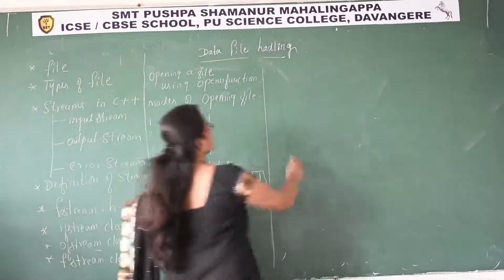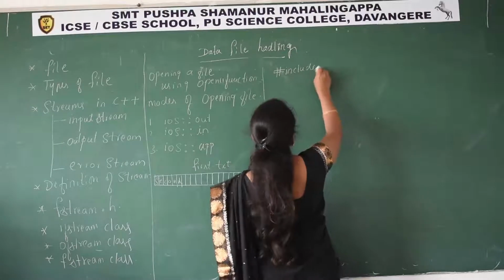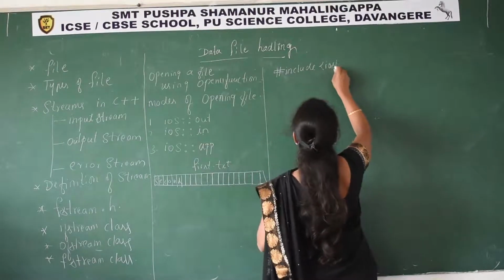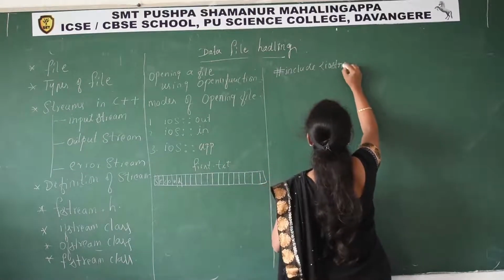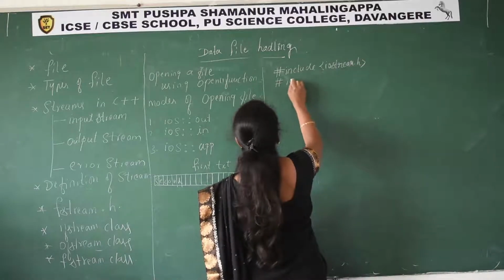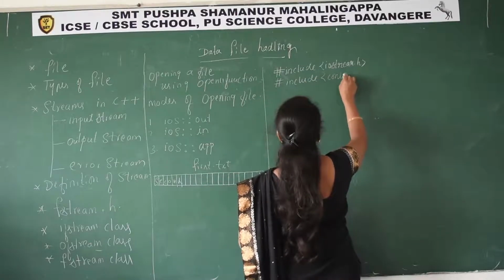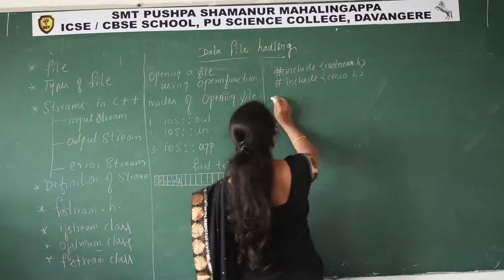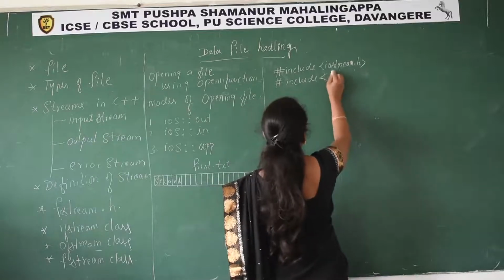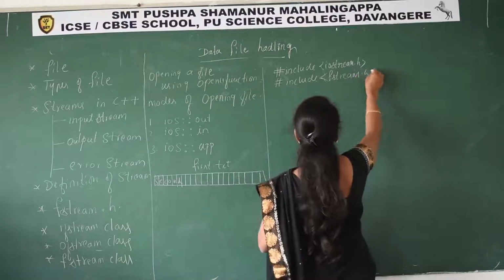What happens? Header file: #include <iostream.h>, #include <conio.h>. I'll take fstream here. It's optional, no? conio.h, fstream.h.